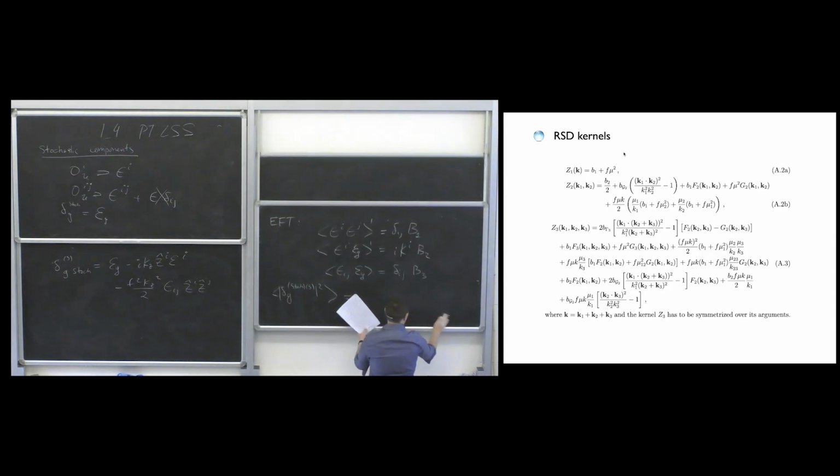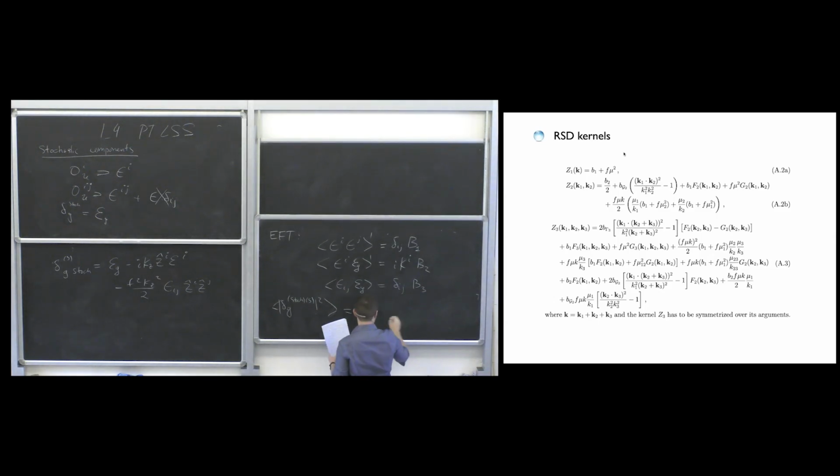So in one loop perturbation theory, I want to keep track of the terms that scale up to k squared, right? So I wanted to include terms that have scaling k to the naught and k squared. And just from this expression, I'm going to find first my usual galaxy stochasticity field.